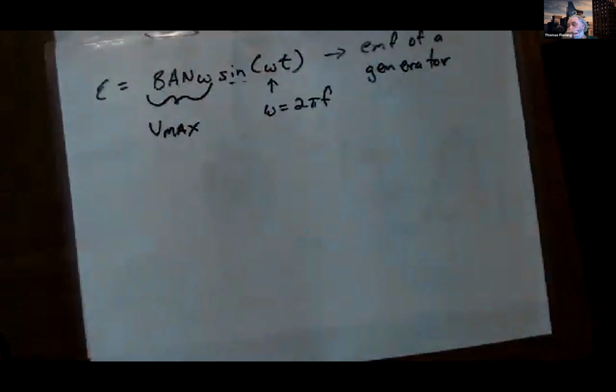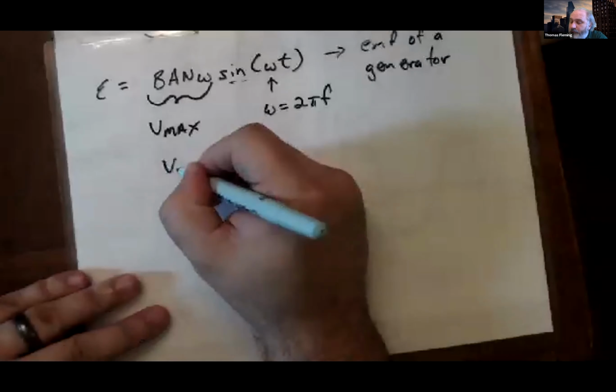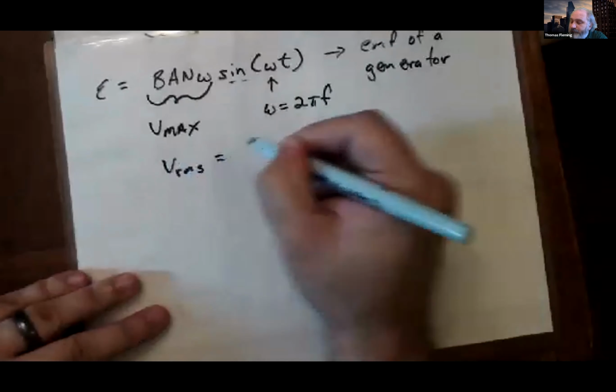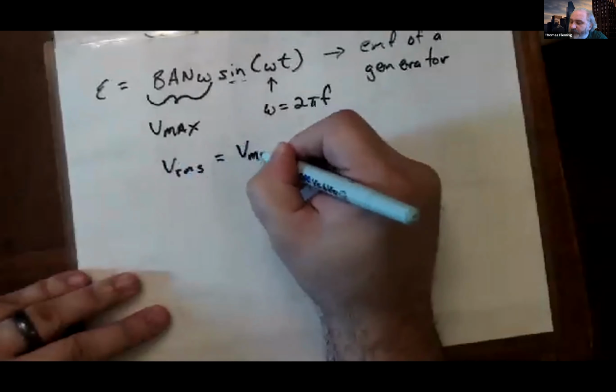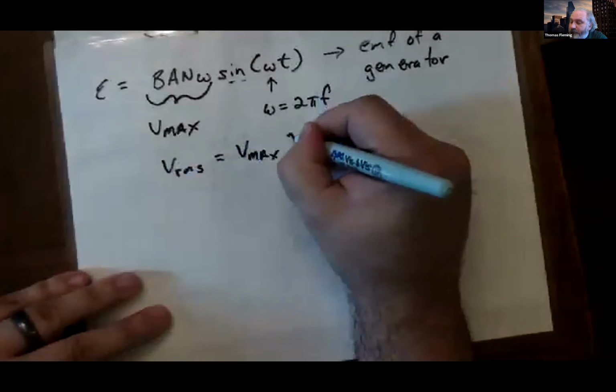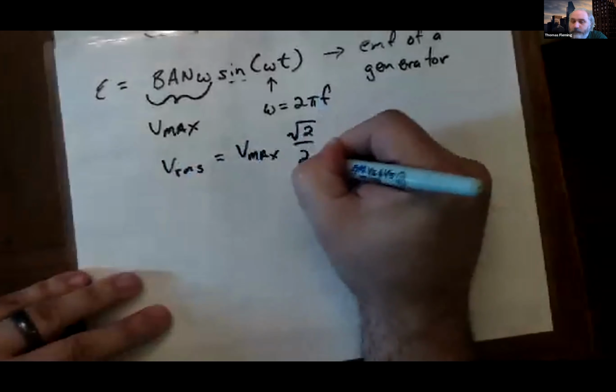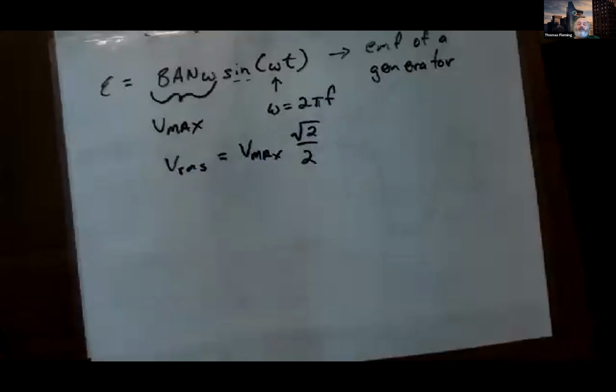So as long as I know that, I can figure out the RMS voltage. Remember, the RMS voltage, this is back from chapter 20, I'm just reminding you, is that.